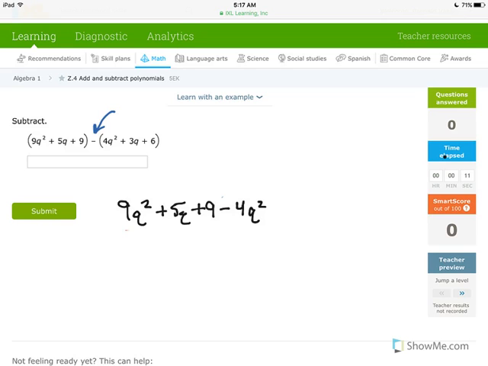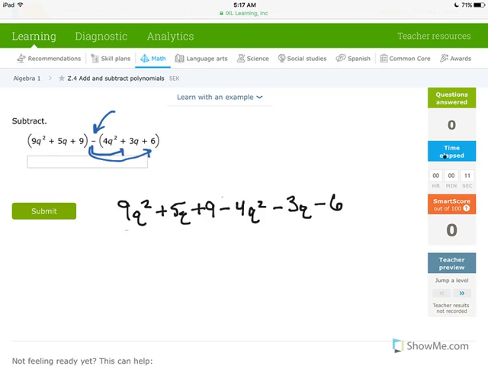And then you are going to minus 3q. So it's going to be minus 3q. And then we're going to minus the 6. So minus 6. So when you have that subtraction in front of the parentheses, you're subtracting everything that's inside the parentheses. So it's like distributing a -1.